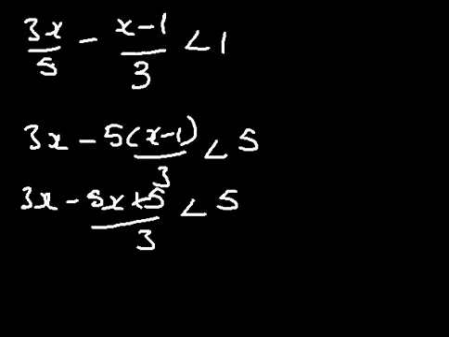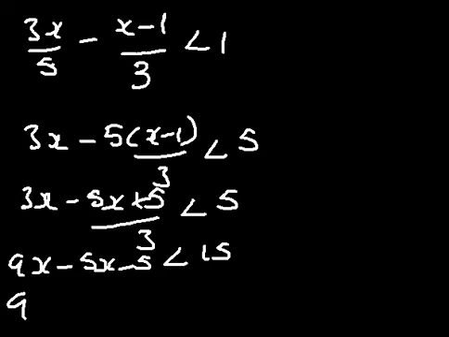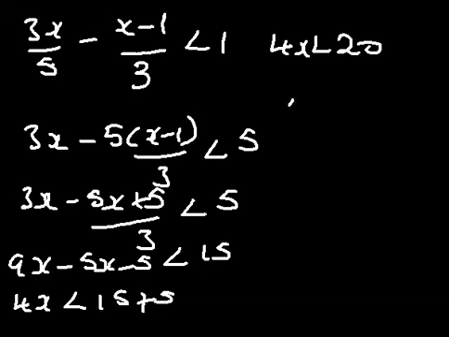Then we do the same with 3 and multiply everything by 3, so we have 9x minus 5x plus 5 less than 15. 9x minus 5x is 4x, so 4x less than 15 minus 5, which gives 4x less than 20. We have x less than 5, so negative infinity, comma 5, like that.